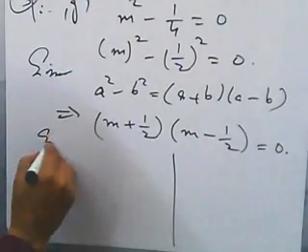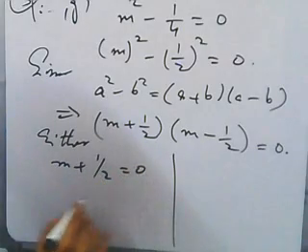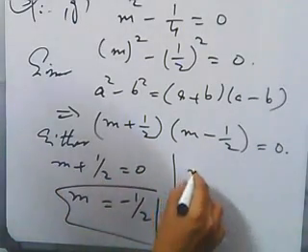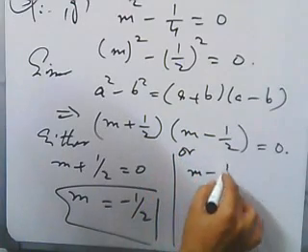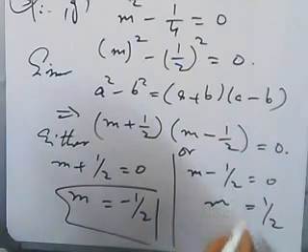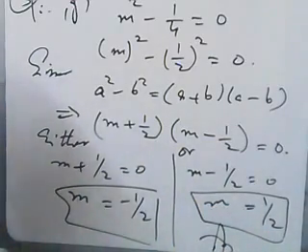Similarly, either this one is equal to 0 and it will become m equal to minus 1 by 2, or m minus 1 by 2 is equal to 0, so it will become positive 1 by 2, so the value of m is plus or minus 1 by 2. So here is the solution.